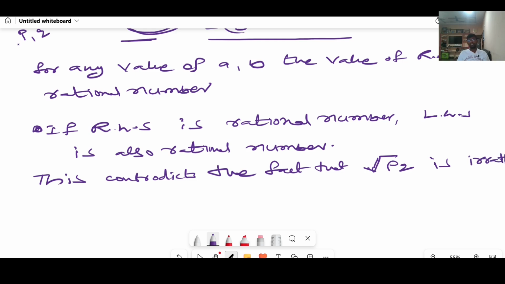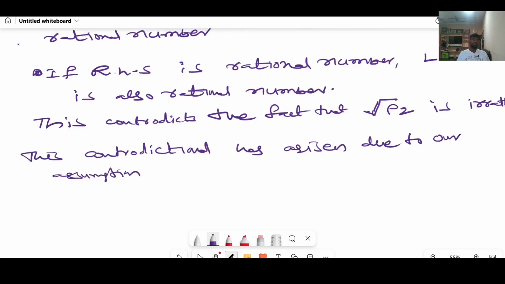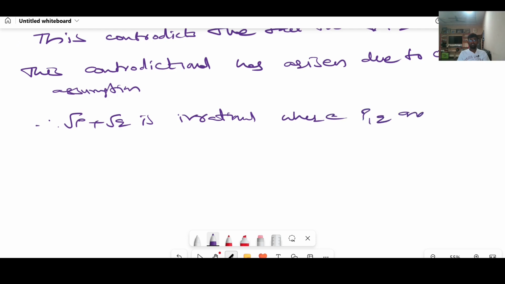Why has this contradiction arisen? This contradiction has arisen due to our assumption. That means our assumption is wrong, right? What is our assumption? Root p plus root q is rational, therefore root p plus root q is irrational, where p comma q are prime numbers.